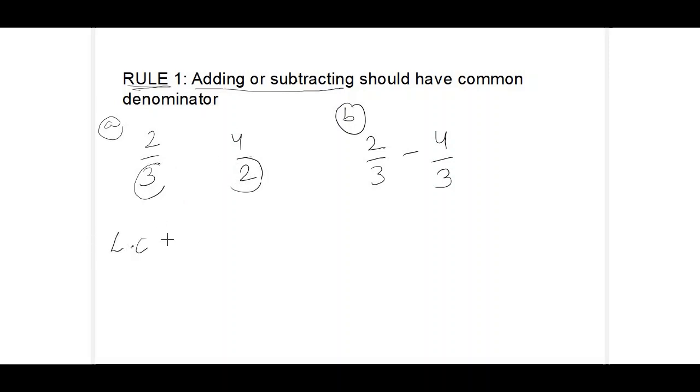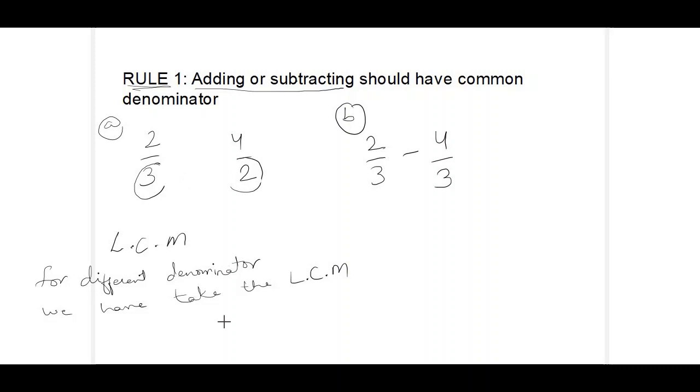For different denominators, we have to take the LCM and make it a common one and then add.